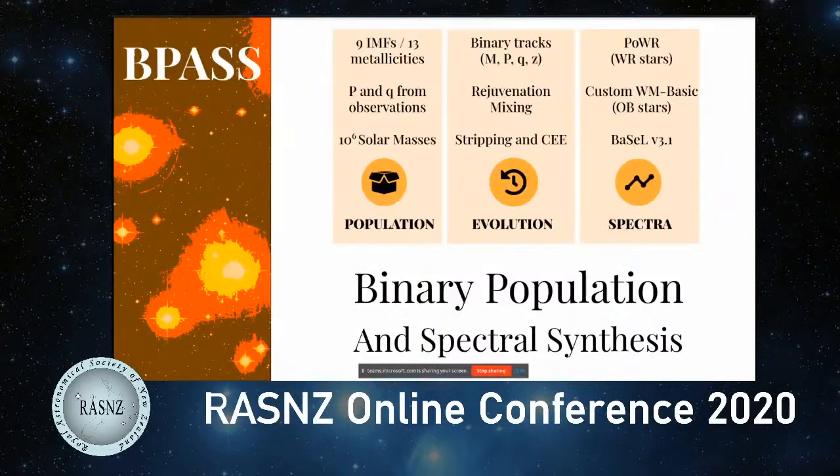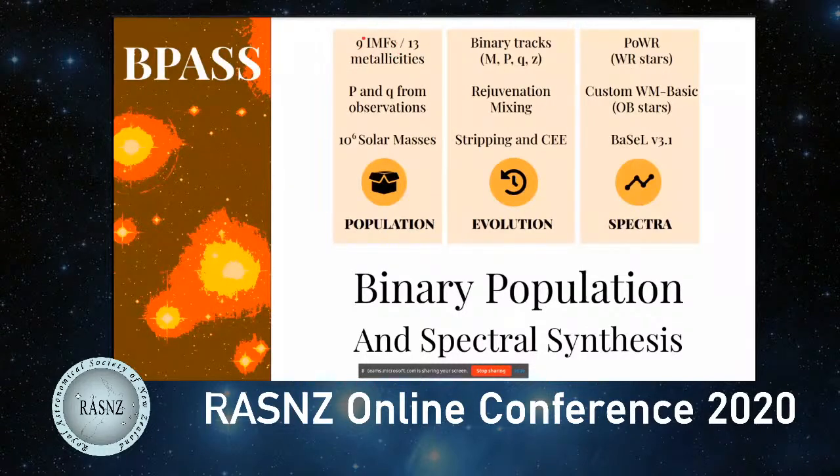So BPASS, since I've mentioned it a couple of times, let me just quickly introduce it. It's the Binary Population and Spectral Synthesis code. That was written by J.J. Eldridge and Elizabeth Stanway, who I mentioned earlier on. It's been a staple of binary evolution for over 10 years now. And the idea is pretty simple. You create a population that contains 1 million solar masses, and then you distribute that amongst stars according to 9 different initial mass functions.